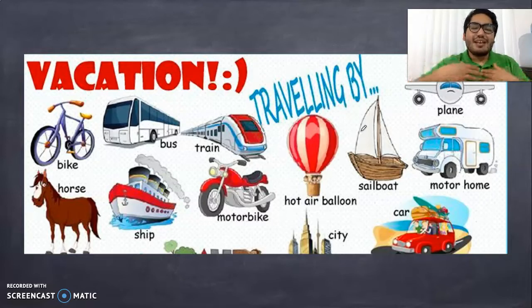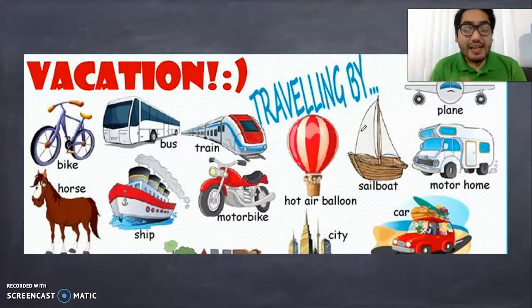I mean, we travel by means that we go to that place in that vehicle. We have the bike, the bus, the horse, the jeep, the motorbike, the hot air balloon, the sailboat, the plane, the motorhome, and the car.